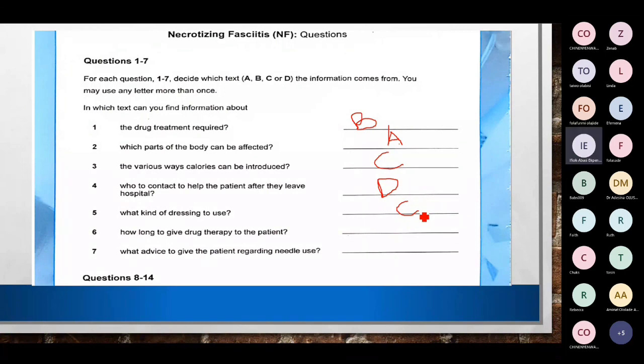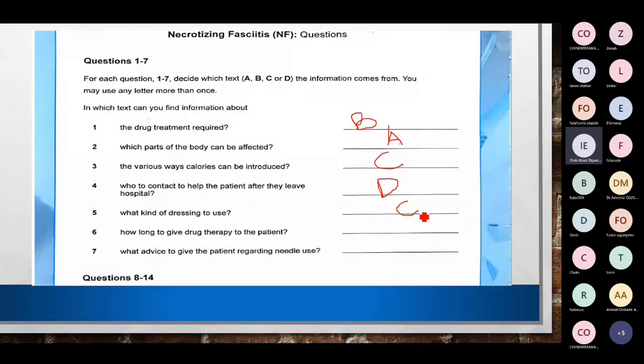Now, number 6 says how long to give drug therapy to the patient. Which text talks about drugs again, please? B. B, exactly. So this is another way for you to confirm whether the answer you picked the first time was correct.